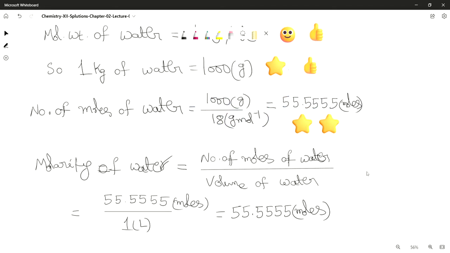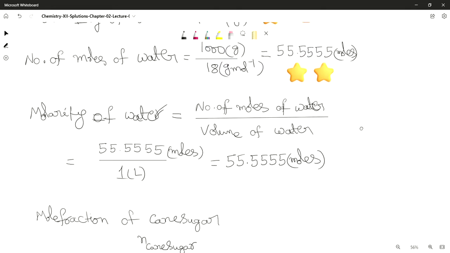Now the molarity of water is the number of moles of water divided by the volume of the water. Though this is not asked in the question, this is another important thing which you all have to know. What is the molarity of water? It is 55.5555 divided by 1 liter, and that's the molarity of the water.